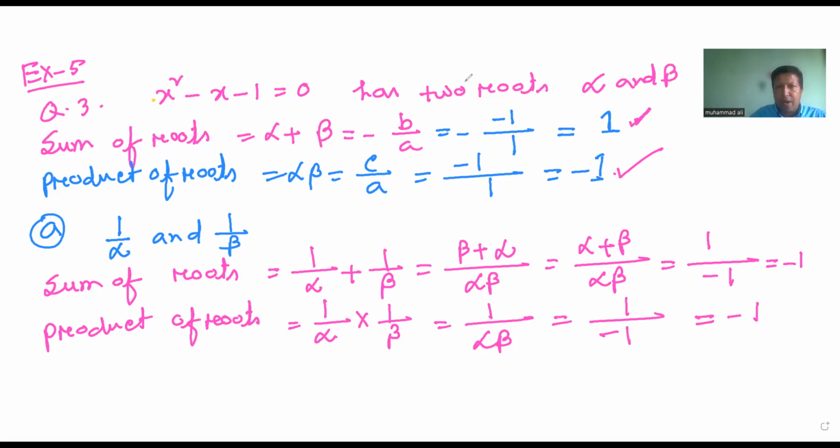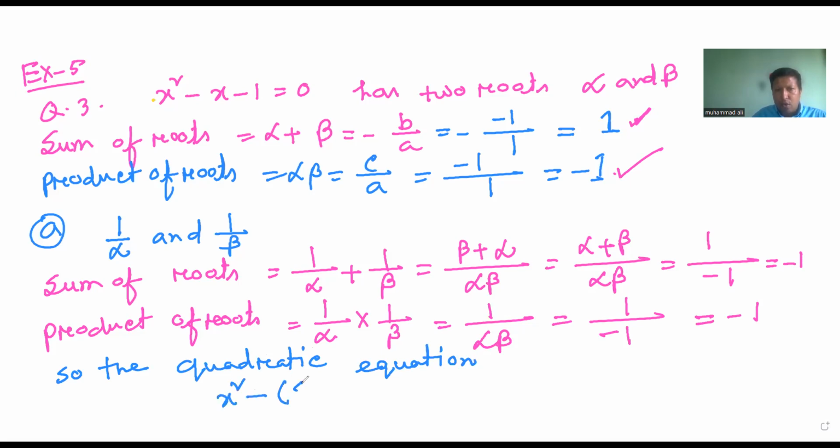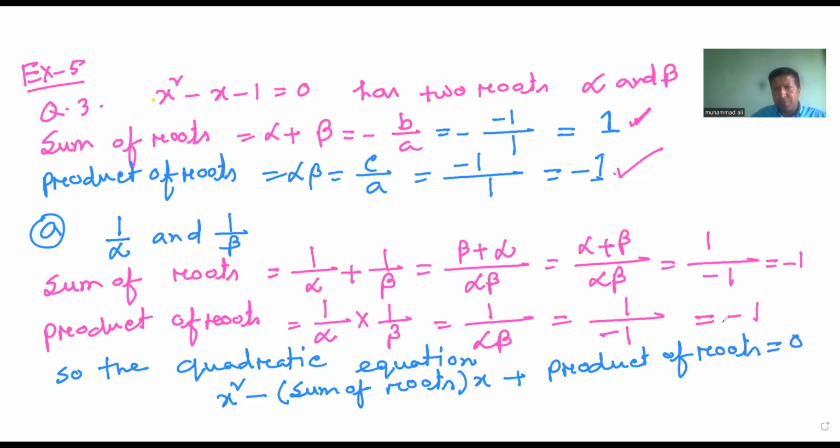So now we have to find the quadratic equation. The formula is x square minus, we have to write the sum of roots multiplied into x, plus the product of roots equals 0.